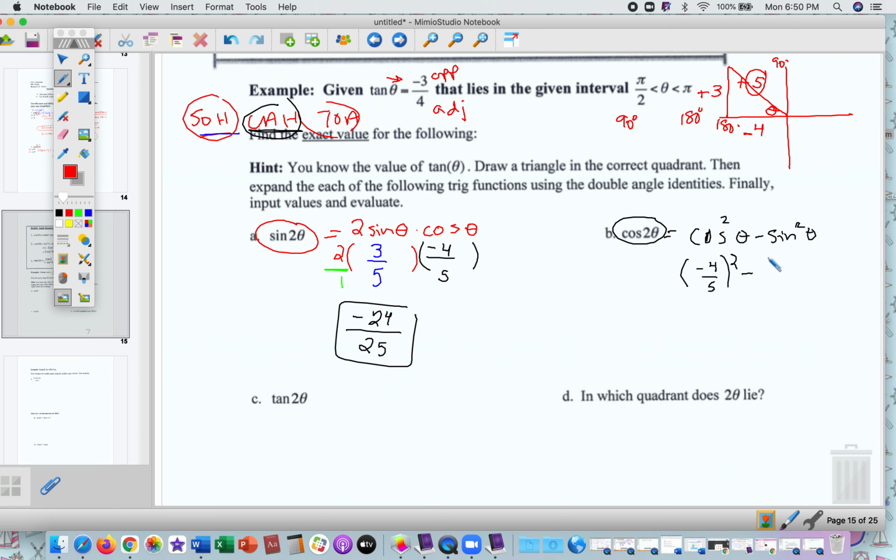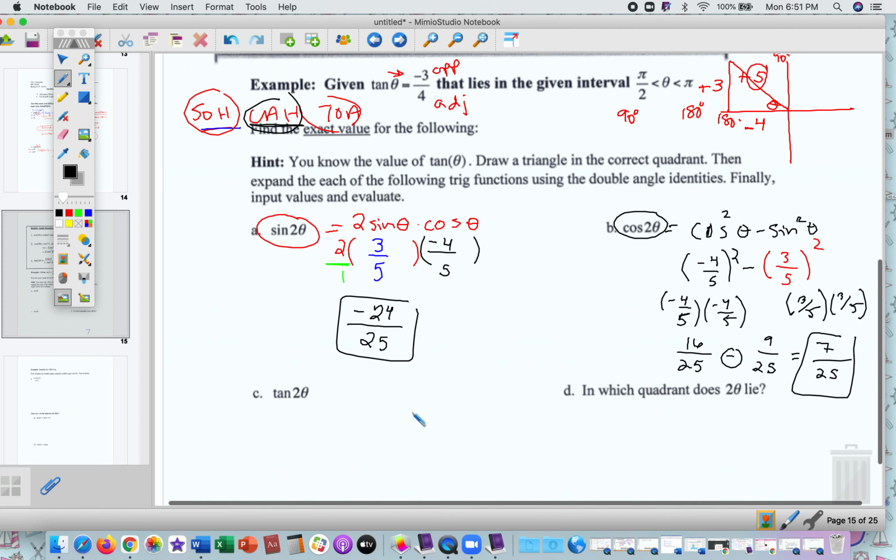So opposite was 3, hypotenuse was 5, and we're going to square it because it says sine squared. So negative 4/5 times negative 4/5 is going to get us 16 over 25 minus 3/5 times 3/5 will get us 9 over 25. So our denominator is 25, and in the numerator we have 16 minus 9, which gets us 7.